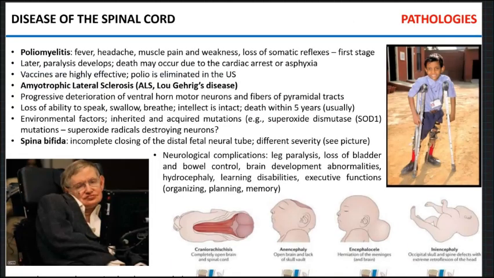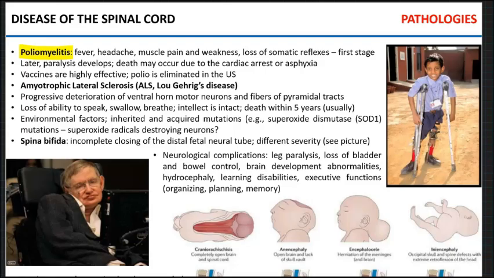Now, what about pathologies? That's the last thing that we're going to talk about. So, polio. The reason I picked it and decided not to talk about transverse myelitis is because I love microbiology and viruses. Polio has a not too big, but kind of triumphant comeback in the United States. Poliovirus is now isolated in the wastewater in many locations in the US.